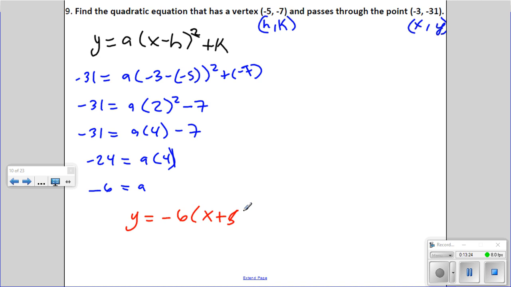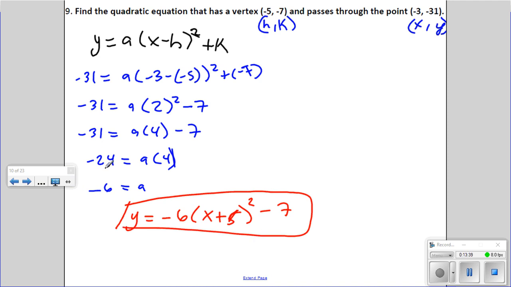We're not going to leave it as a minus a negative. Remember, just do the opposite when you put it in the house. So x plus 5 squared, then minus 7. Final answer. So that's how you would do a problem like this when you don't have A and you don't have a focus or directrix or enough other points to do regression.